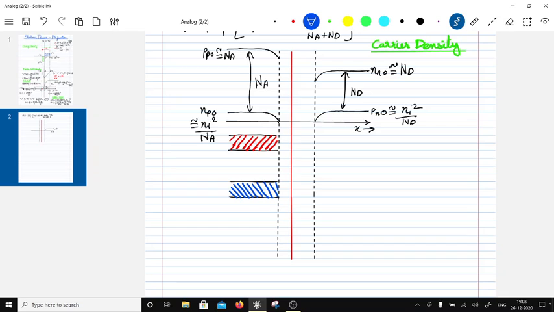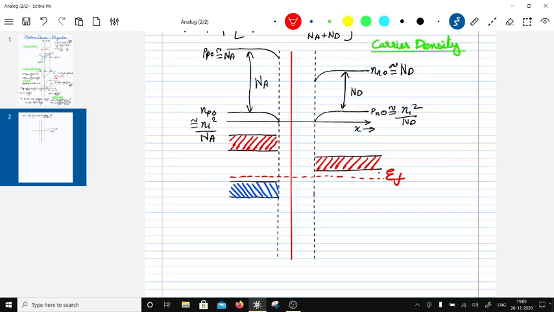Now there is a Fermi level which is going from here all the way continuous up to here, I'd say. Let me draw this again. So this is the Fermi level, EF, and then what you're going to have is this lining up here. So this is your conduction band on the n side.